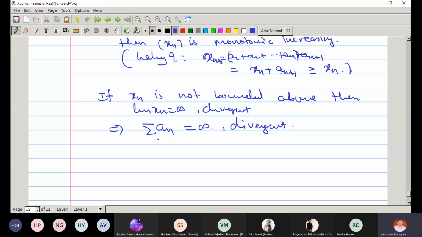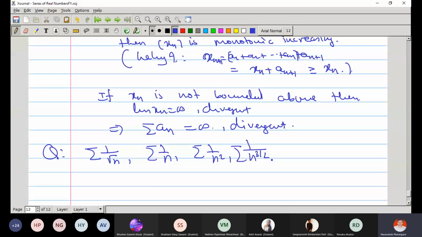Now we want to generalize our class, right? So if you look at the series 1 upon root n, or series 1 upon n, or series 1 by n squared, or series 1 by n raised to 3 by 2, which of them are convergent?